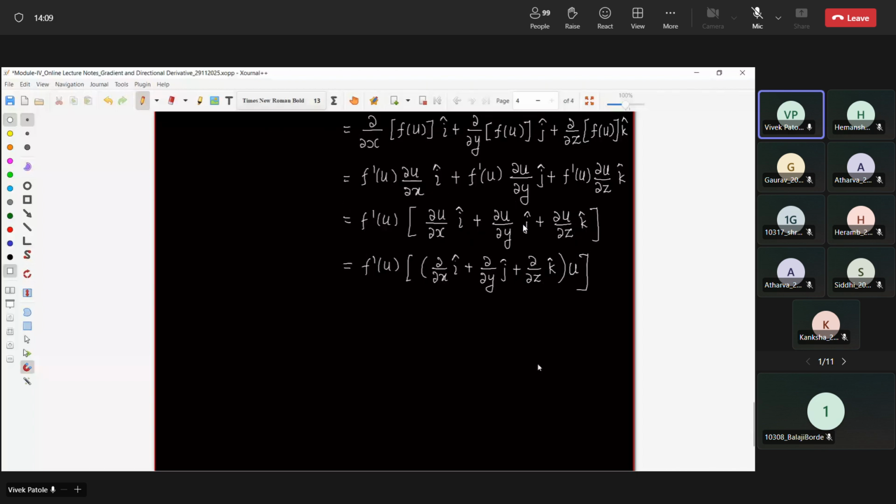We can replace this by the del operator, and u will be as it is. So we got del of f of u is equal to f dash of u into del u.